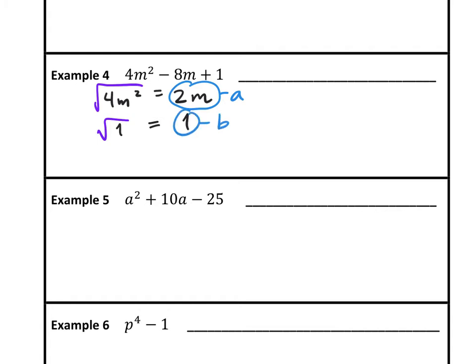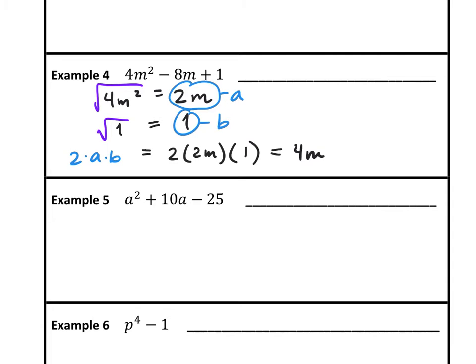and I have to check the middle term, right? 2 times a times b. So what is 2 times 2m times 1? 2 times 2m times 1. Well, 2 times 2 is 4. 4 times m is 4m.